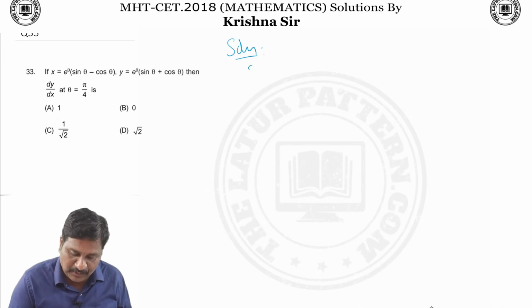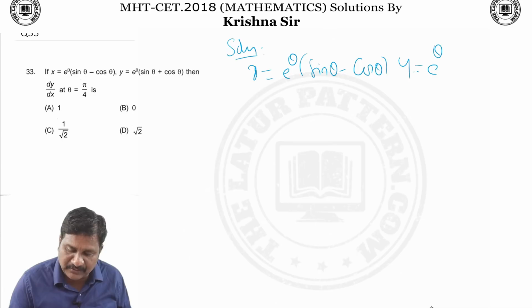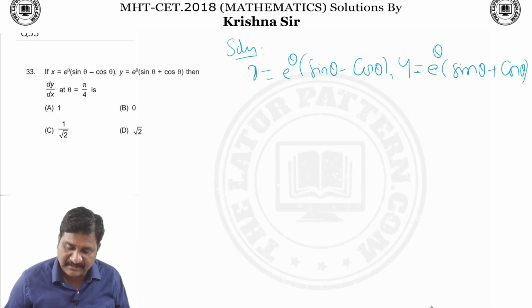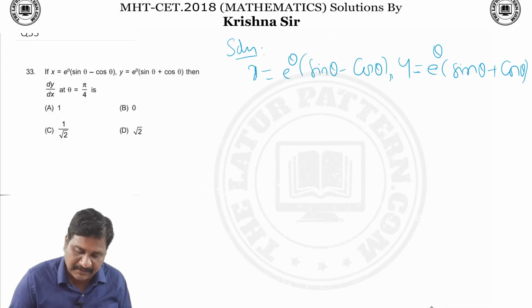Given x is equal to e raised to theta of (sine theta minus cos theta), and y is equal to e raised to theta of (sine theta plus cos theta). Now we find dy by dx by parametric differentiation. dx by d theta, x we are differentiating with respect to theta. Here we have to do u into v.